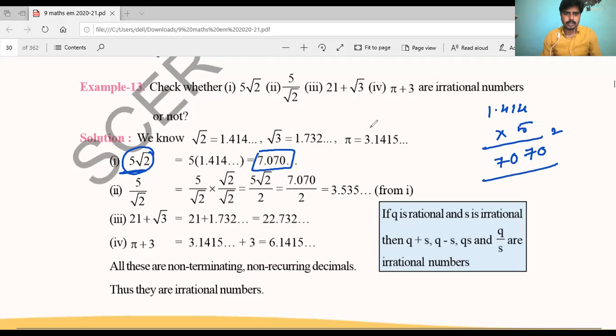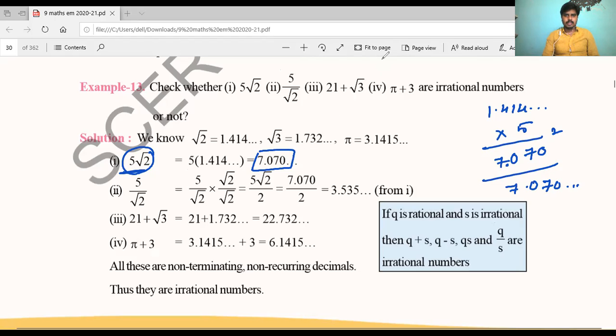Decimal point after 3 decimals. So 7.070 so on is non-terminating and non-repeating. So this is an irrational number.